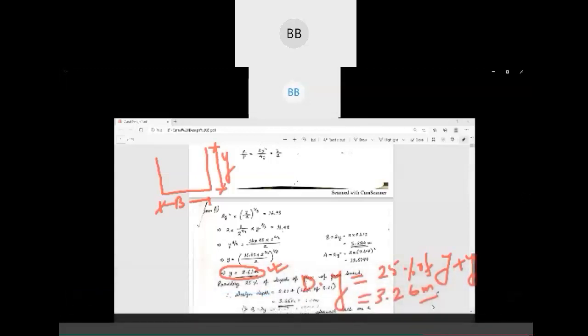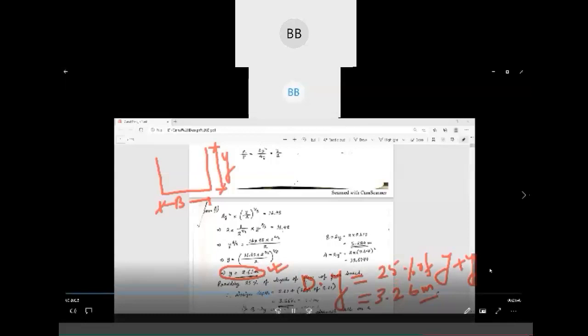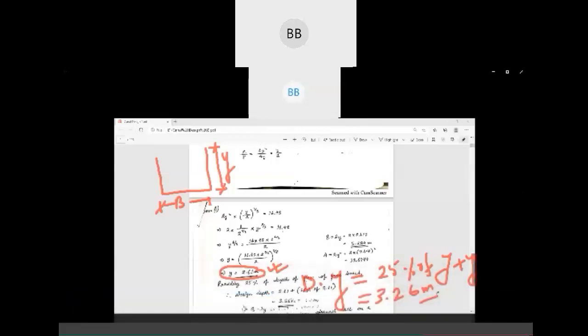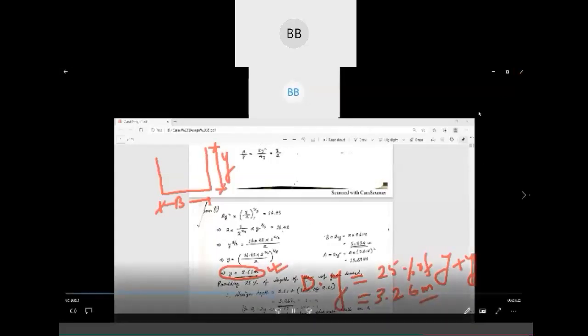We got that the depth of flow is 2.61, then we will provide some extra, so that in case the discharge is more than 20 meter cube per second, there shouldn't be any overflow. How much did you get for that new depth, or you can say design depth?